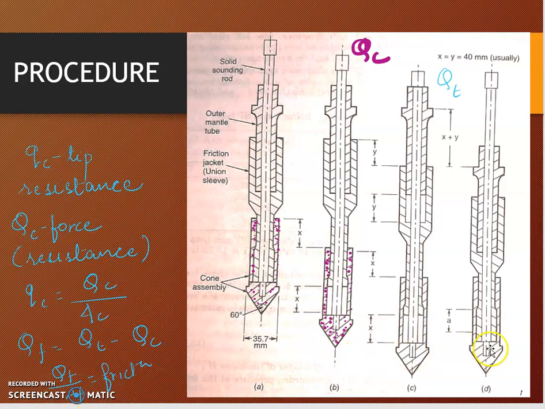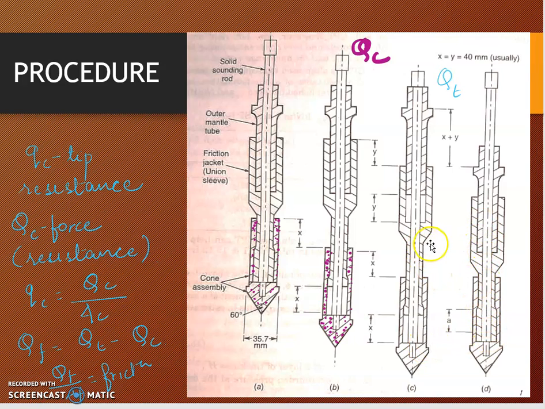Now in position 4, that is shown in D, the outer mantle tube is pushed downwards to a distance of X plus Y, thus bringing the cone and friction jacket to the original position. So now what has happened? This full thing has moved down by X plus Y, and everything is back in its position.